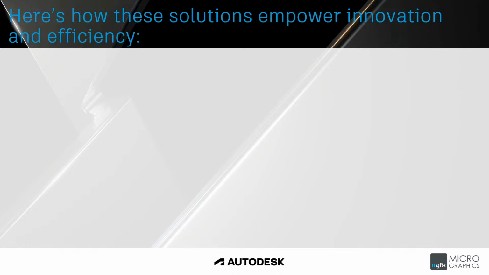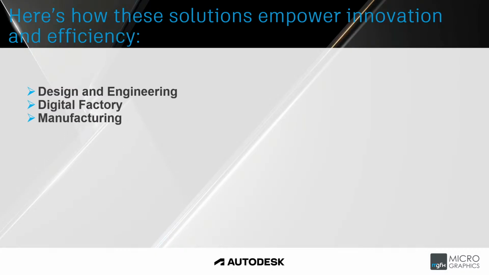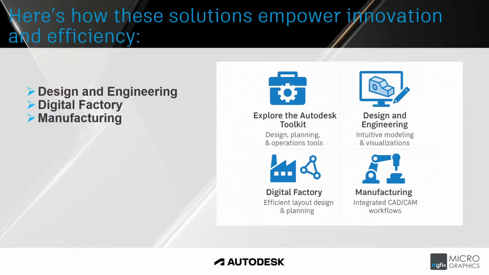Now, we're going to have a look at how these solutions empower innovation and efficiency. First, we're going to have a little bit more insight into design and engineering, digital factory, and lastly, manufacturing. We're going to explore the Autodesk toolkits where you can design, plan, and look at the operating tools.